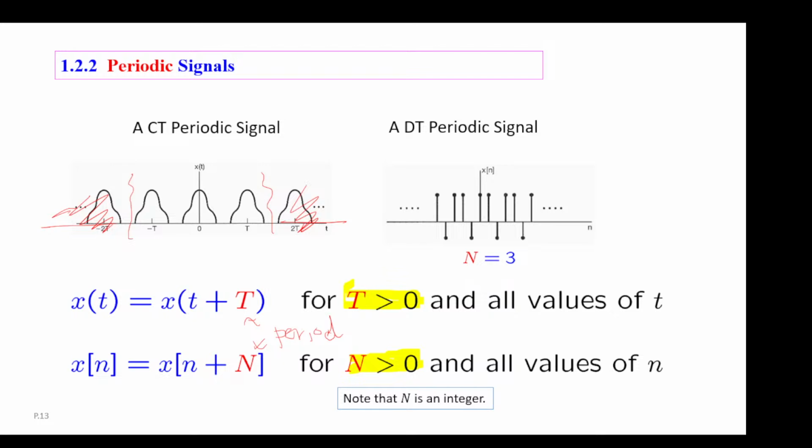Because if you shift to the left by some number, then you will shift this block to the original empty block, and then it's not periodic. So for a periodic signal, you need to extend to negative infinity and to plus infinity. Yeah, you need to keep repeating itself.